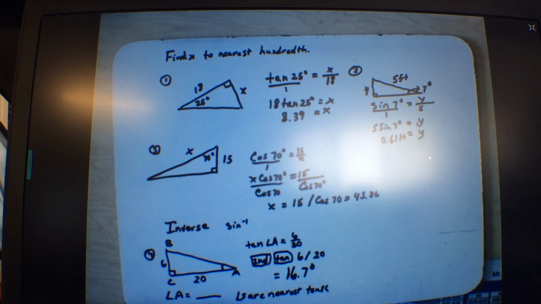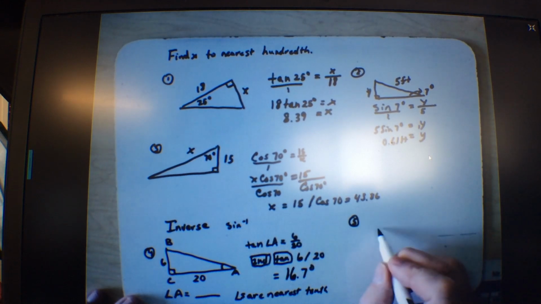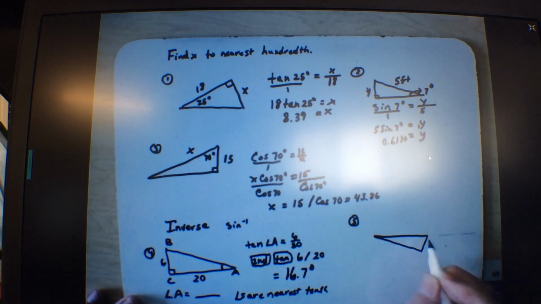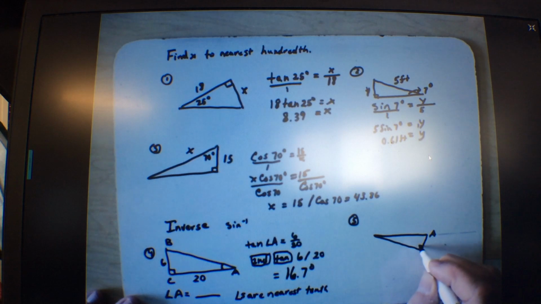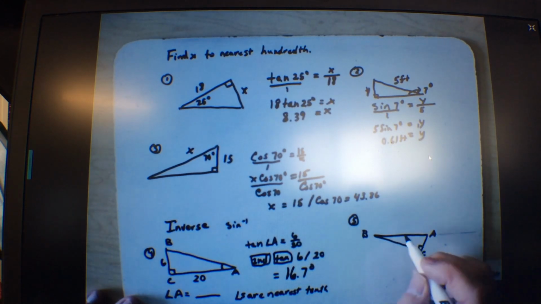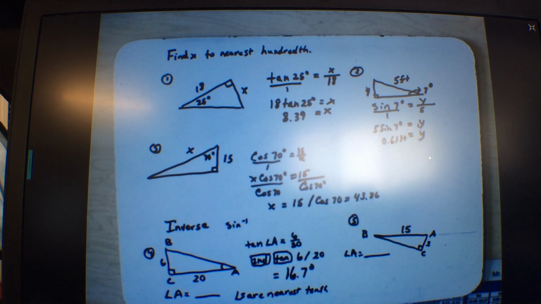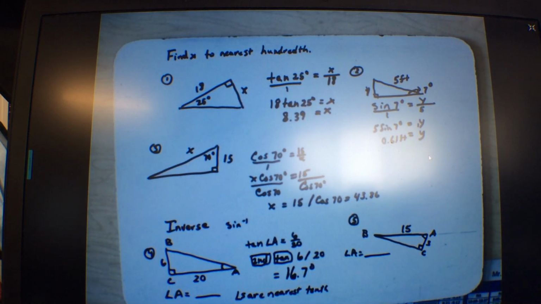All right. Let me have you do this one, and then we'll get started. This is A, this is C, this is B. This is 15, and this is 3. I want to know what angle A is. According to the sides, here's angle A. What am I given? Adjacent and hypotenuse.